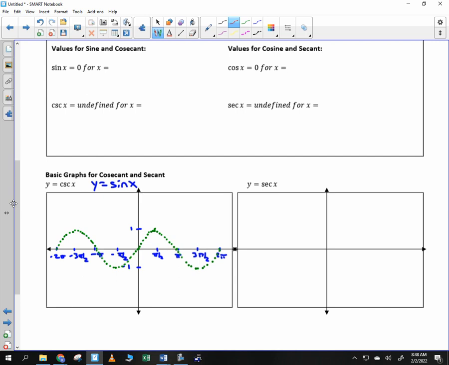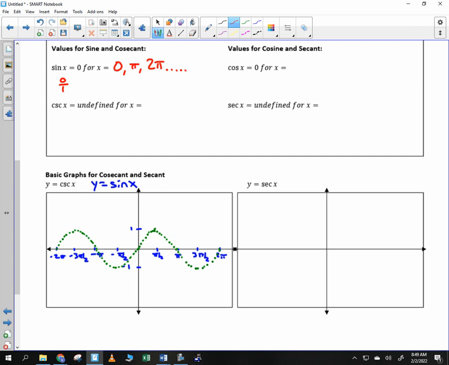Look at where sine of x is equal to 0. Sine is equal to 0 at 0. Where else is it equal to 0? Pi. Where else? 2 pi. Yeah, and then those negative values. So that's where sine's equal to 0. 0 is a number like, say, 0 over 1.